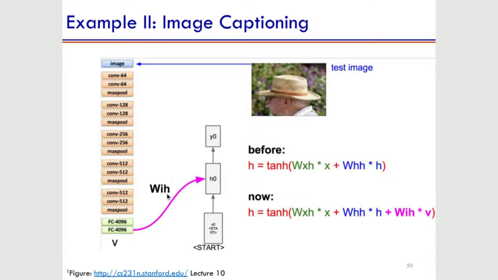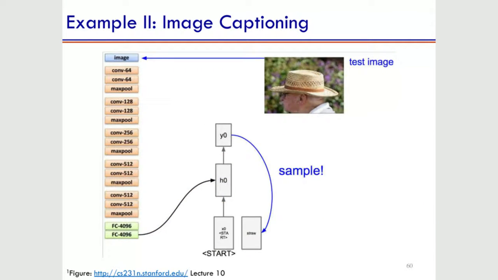There'll be an initial matrix which will transform the image embedding to the size required as the input to the RNN cell. The output here is going to be a distribution over words. When you want to caption an image, the output of the first stage of this RNN is a distribution over words, from which you will sample the most likely word at test time. In training time, you know what the right word should be there.